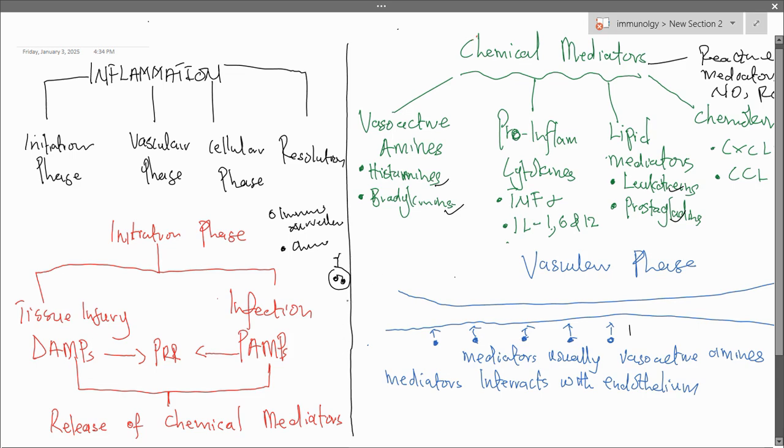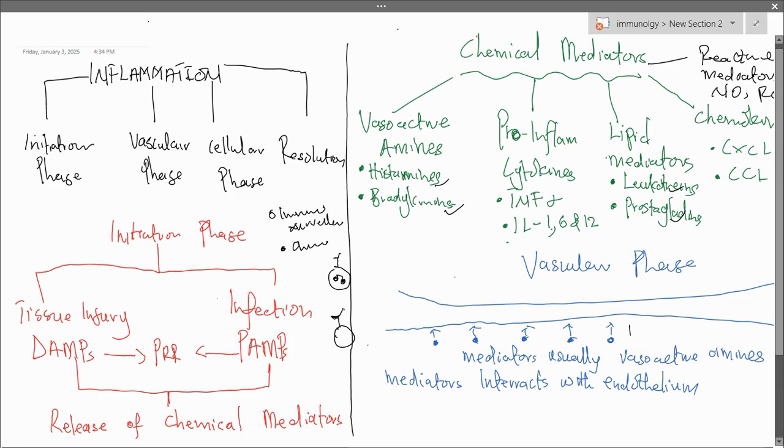Okay, and on every white blood cell we have what we call pattern recognition receptors. The pattern recognition receptors are found on the surface of the white blood cells. And what these pattern recognition receptors do is that they bind to the pathogen associated molecular patterns or the damage associated molecular patterns.